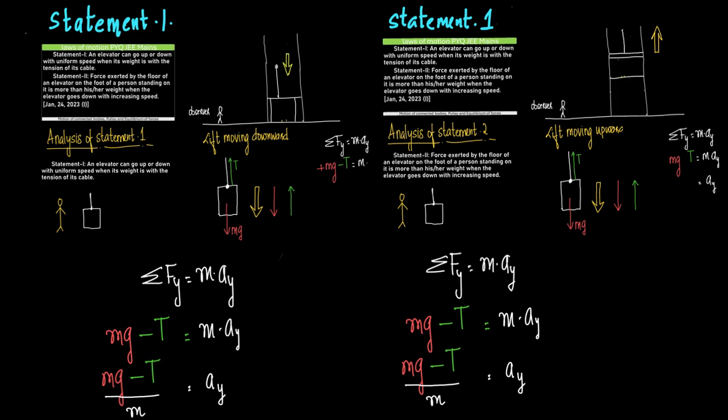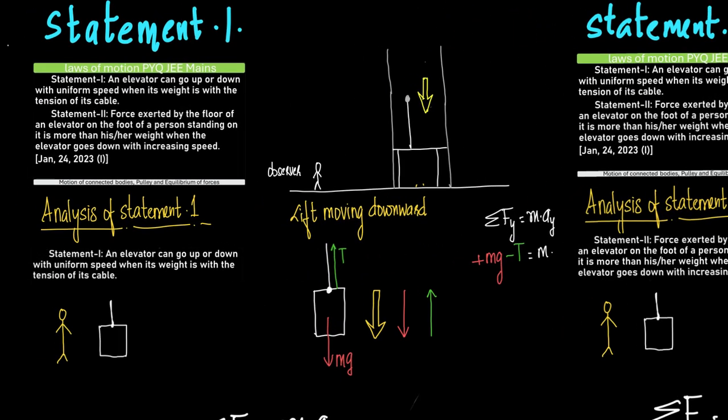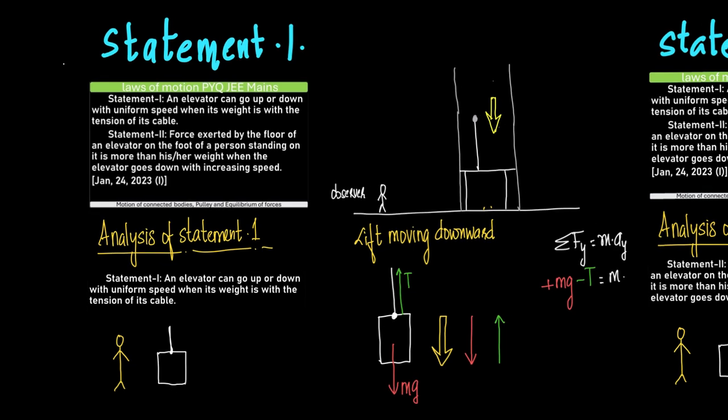So first, let's delve into the details of statement one. What is given in statement 1? It says that an elevator can go up or down with a uniform speed when its weight is equal to the tension of the cable. So what are the key words to be noted here?